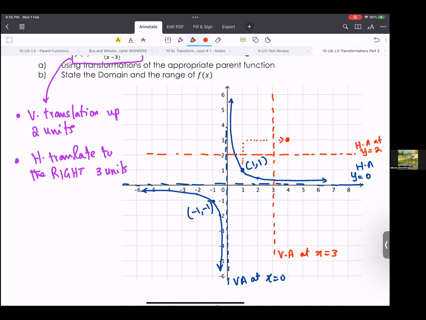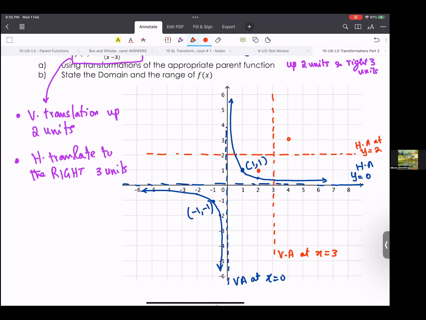I'm going to remove the dotted lines there for clarity, so you take it up 2 and right 3. That's what I'm doing. So I'm just going to go up 2, right 3. Same thing here: up 2, right 3.